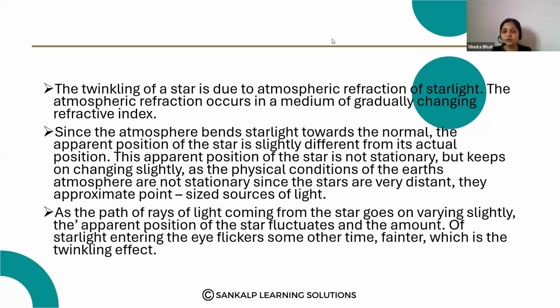The starlight entering the eye flickers, sometimes brighter and some other time fainter, which is the twinkling effect. So this is how the twinkling of the stars happens. What is the reason behind the twinkling of the stars?